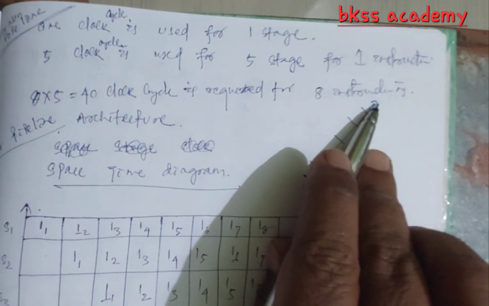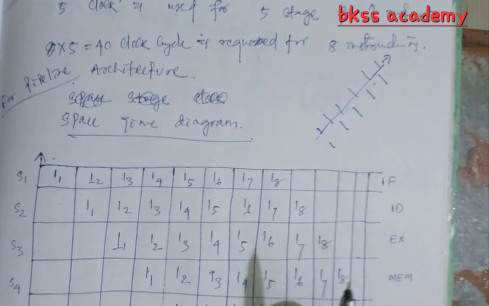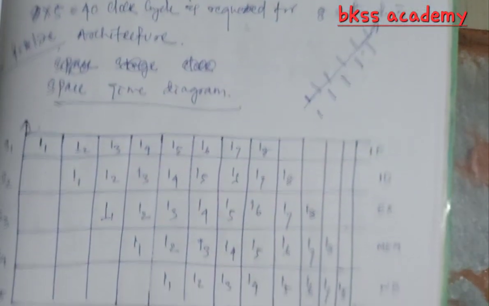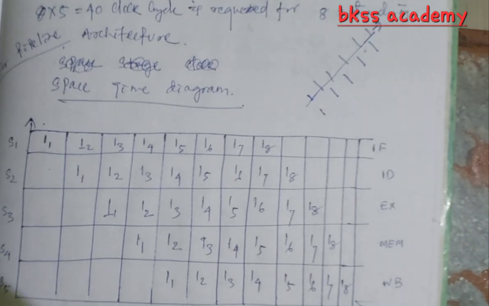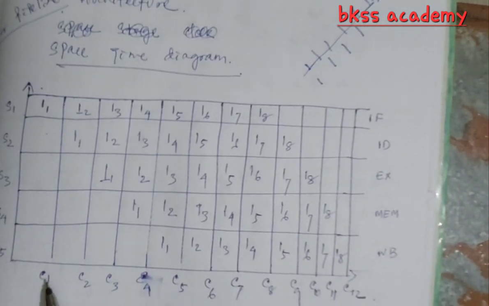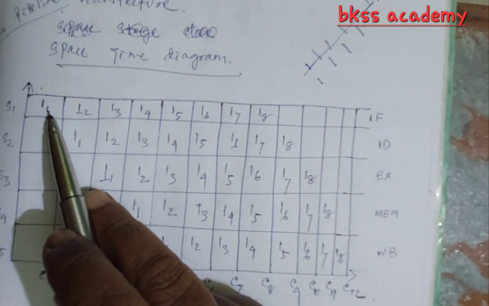In case of pipelining architecture, we need a space time diagram. This is the space time diagram. In clock cycle 1, instruction 1 comes to stage 1.